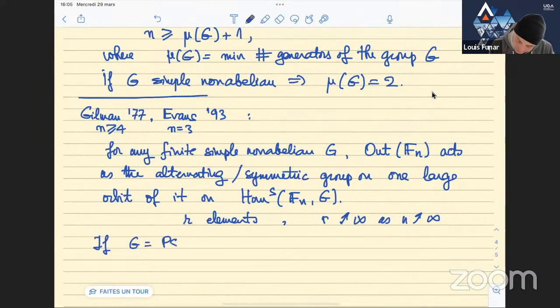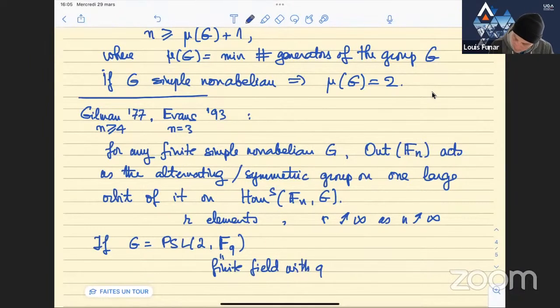So it becomes a very large one, and in particular, if G equals PSL2, and now I am still writing an F, but now it's boldface, this is the finite field, or if you want with Q elements. But I'm taking Q prime, so this is Z over QZ. To make it simpler, if G has this form, then this is the full orbit.